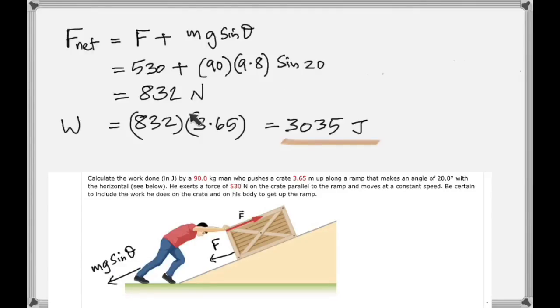That gives 832 newtons, and multiplied by 3.65 gives 3035 joules. You may ask how you get mg sine theta. That's because his weight acts vertically down, and when you resolve it, you get mg sine theta here.